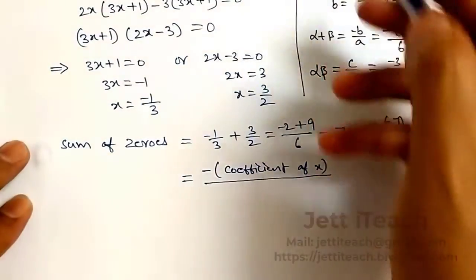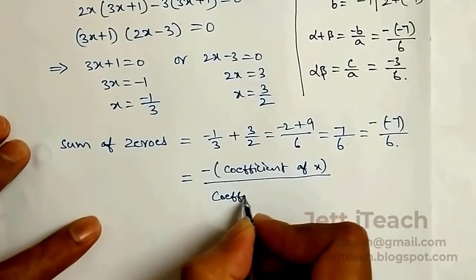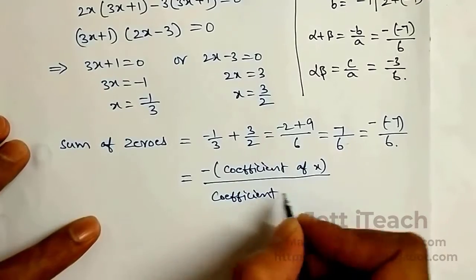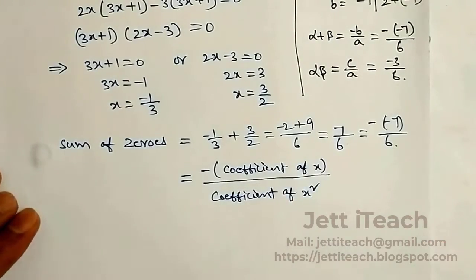What is 6? A means the coefficient of x square. Now you can see the product of zeros.